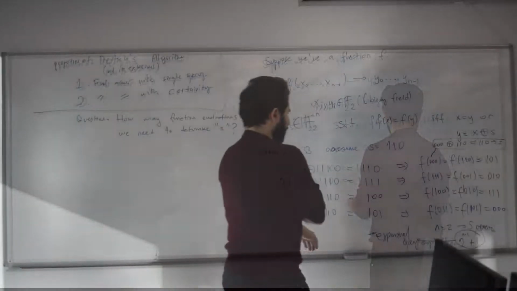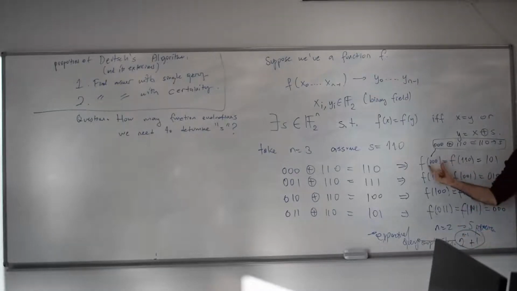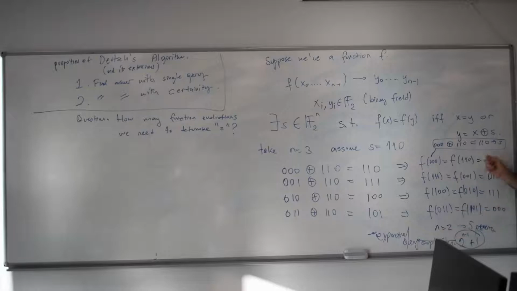As I said before, when you have an n-bit input for this function, in the worst case you have to ask 2 to the n-1 questions and get different answers. And you need at least one extra query in order to find one of those pairs, in other words the same output, so you can go back and apply this to figure out s.